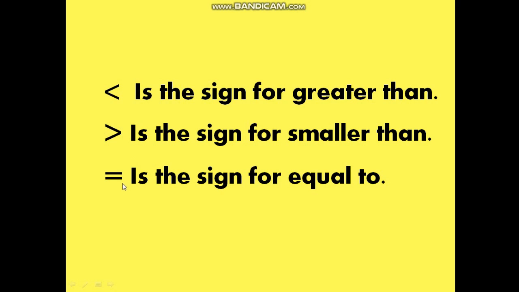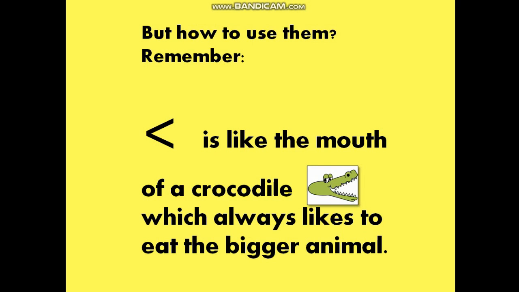The equal to sign is used when on both sides, left side and right side, the numbers are the same. While looking at this, you can relate. This sign looks like a crocodile's mouth.